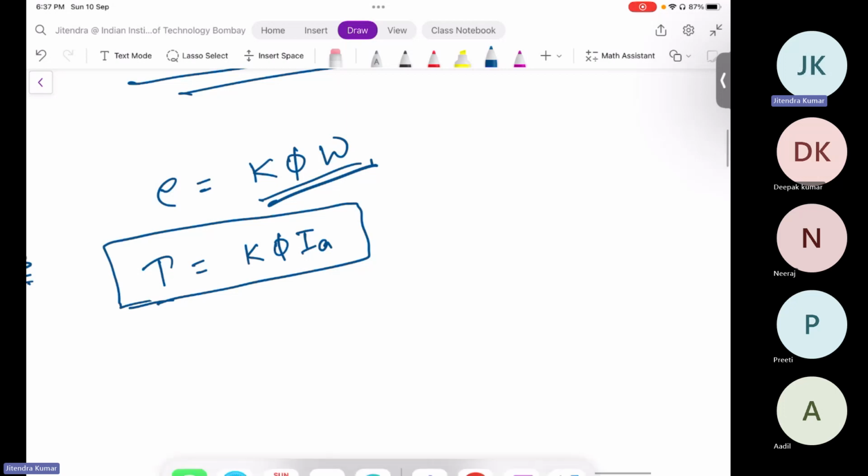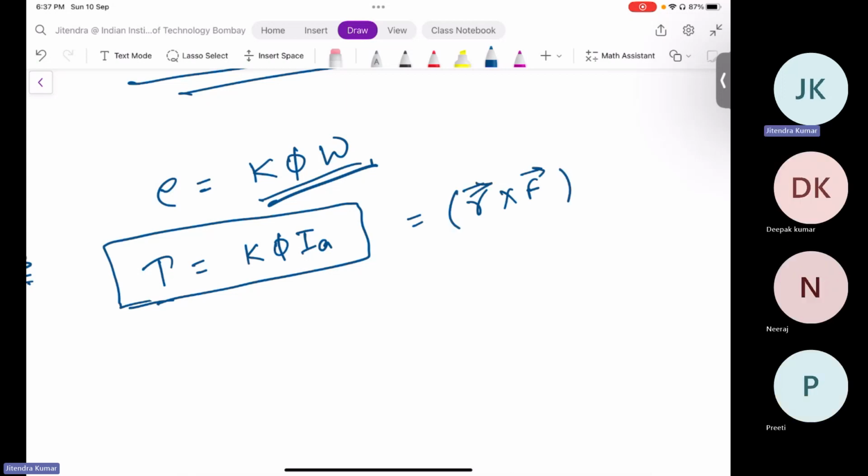Torque is equal to R cross F, right? And from the Lorentz law, what is the expression of F? BIL. Correct. So essentially it is IL cross B. When your conductor length is perpendicular to the flux direction, you will have the maximum force.